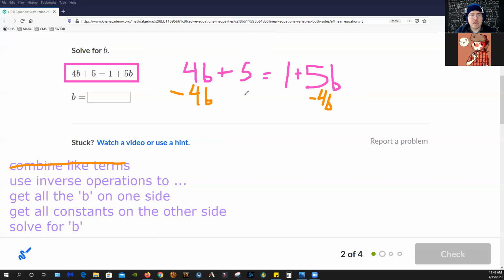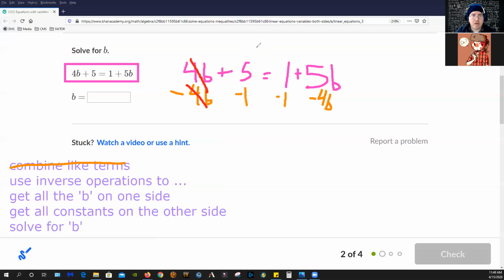Then on the left side, let's see, how can we get rid of these constants? I want to get the constants over because, okay, since these are going to cancel out, I'm going to get the constants over to that side. So to do that, I'm going to take away 1 from both sides.